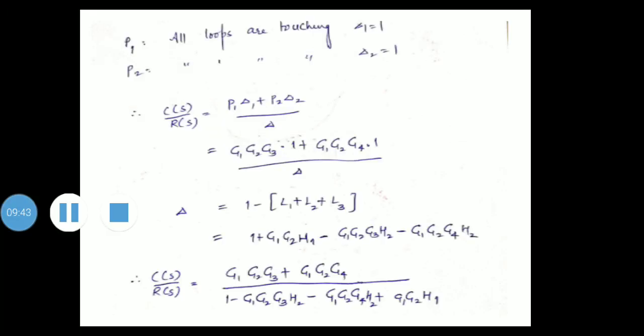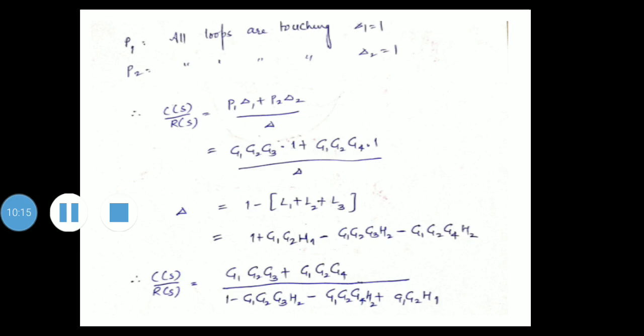So we'll take P1, the first forward path. All loops are touching, so delta 1 is 1. P2, that is the second forward path, all loops are touching to that, so delta 2 is 1. Therefore, C of S by R of S is equal to P1 delta 1 plus P2 delta 2 by delta, which is equal to G1 G2 G3 plus G1 G2 G4 divided by delta, as delta 1 and delta 2 are 1.